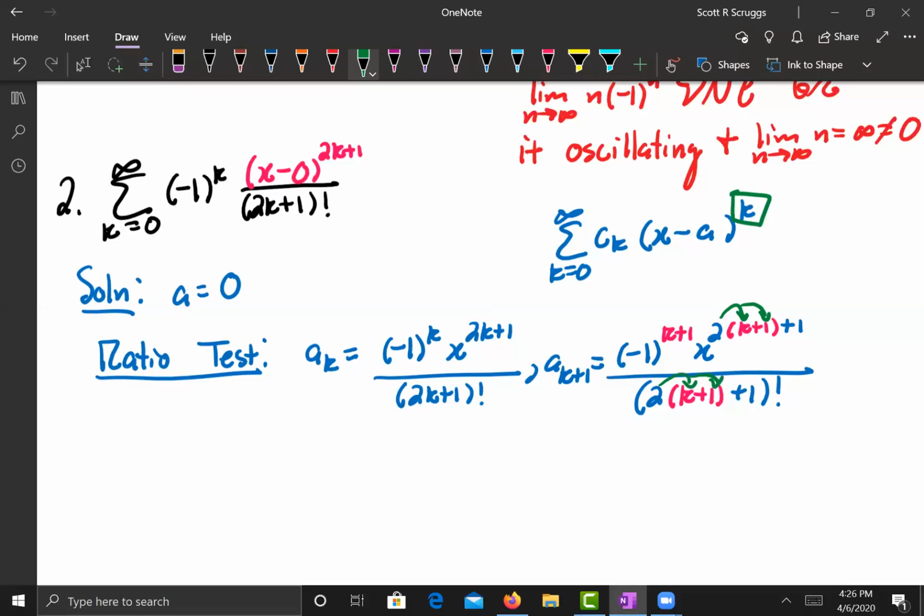So I'll get 2k plus 2. And then with that extra plus 1, I'll get 2k plus 3. So -1 to the k plus 1 power x, and now my exponent is simplified down to 2k plus 3, divided by another 2k plus 3 factorial.